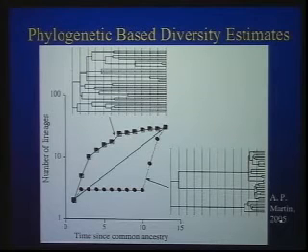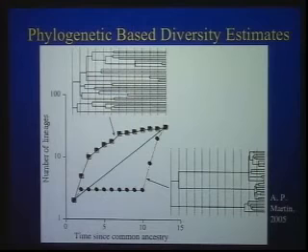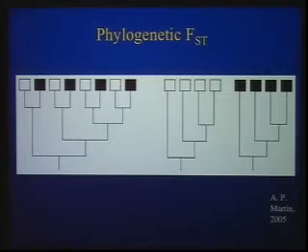A variety of people, including Andrew Martin in a really nice paper, have pointed out that it's probably better to do a phylogenetic approach to defining operational taxonomic units, where you set various cutoffs in your tree rather than percent similarity, and then use those levels in the tree to define operational taxonomic units. And you do get somewhat different pictures of the diversity of a sample than by setting just percent similarity cutoffs. It turns out you can actually do all sorts of interesting ecological and evolutionary analyses where you take this phylogenetic approach rather than a similarity-based approach.